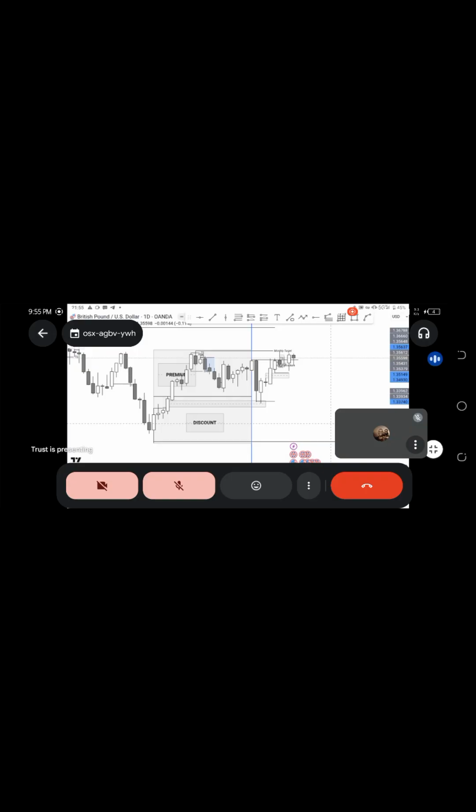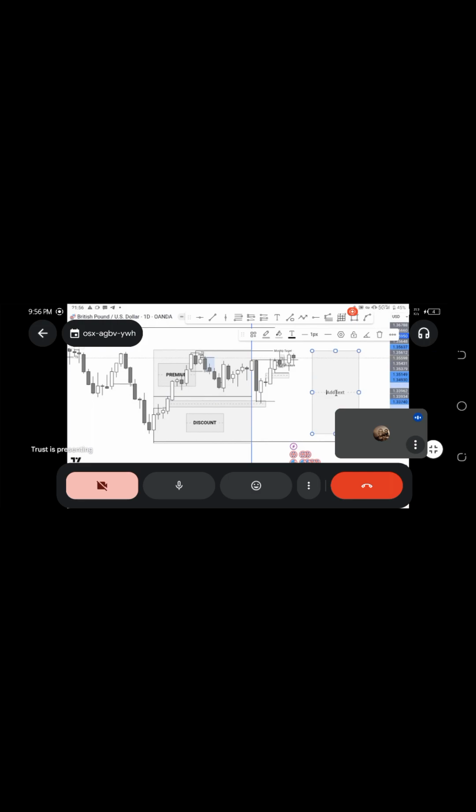Those arrays are, sorry, the order block, the fair value gap, the breaker block, the rejection block. Let me write them out. All these things are inside premium and discount. Those are likely areas that you will see inside there.